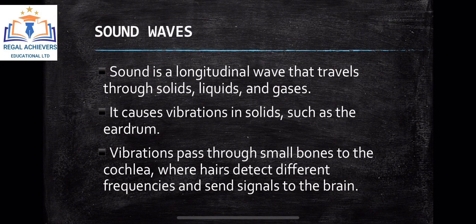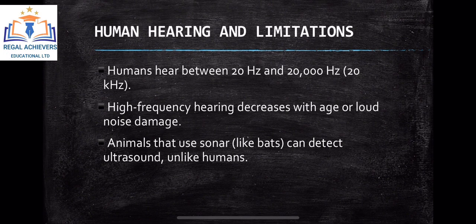Sound waves. Sound is a longitudinal wave that travels through solids, liquids, and gases. It causes vibration in parts such as the eardrum. Vibration passes through small bones to the cochlea, where the ear detects different frequencies and sends signals to the brain. Human hearing and limitation.